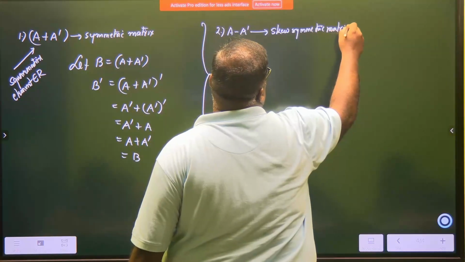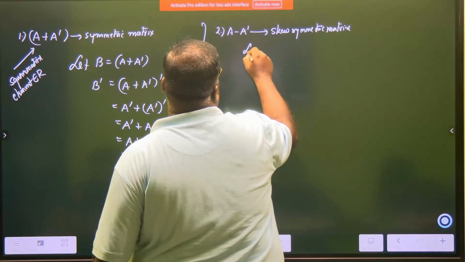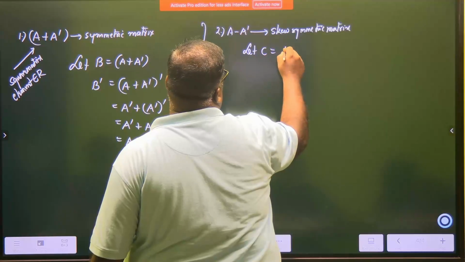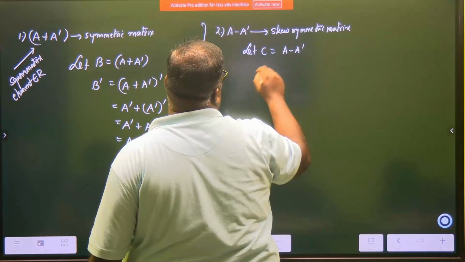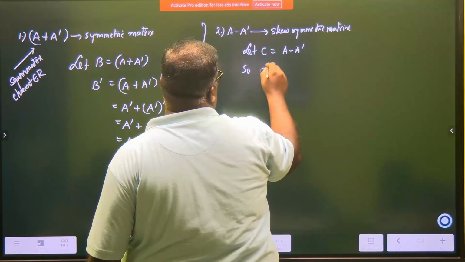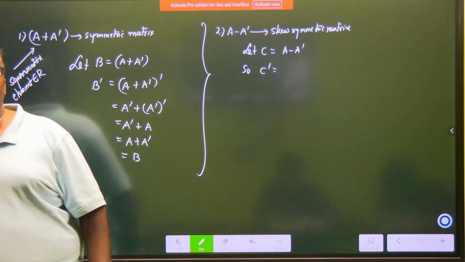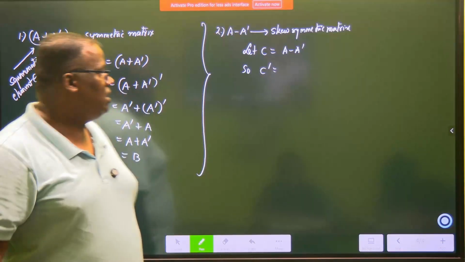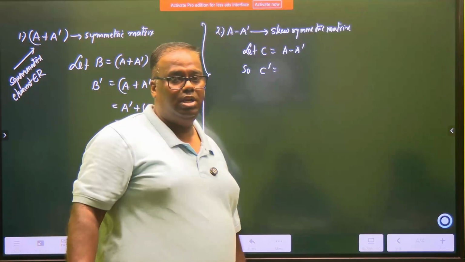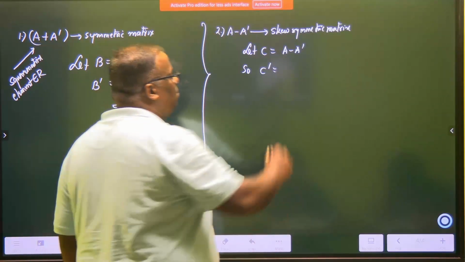So let's prove the skew symmetric matrix. Let C be a matrix which is A minus A complement. So C's complement is equal to... Now what will you prove? You will prove that C is equal to negative C complement, or we will say C complement is equal to negative C. So C complement is what?